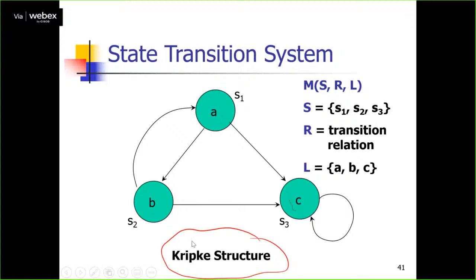So each model created for a state transition system is a set of states, a relation, and a logic. The states are the number of states defined here: S1, S2, S3.